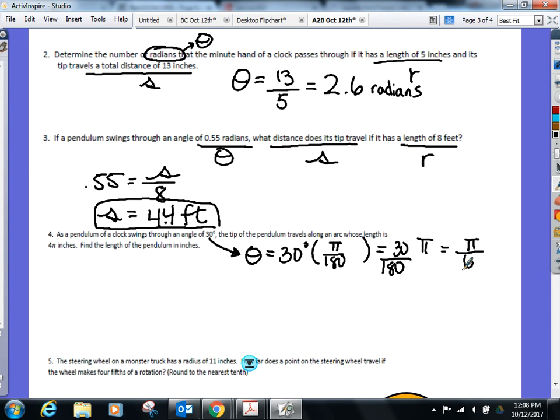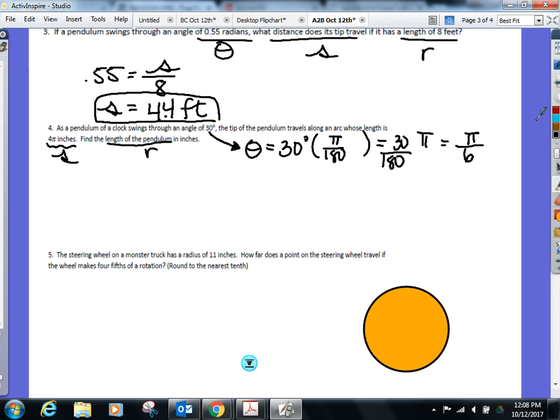Let's keep reading. The tip of the pendulum travels a length of 4 pi inches. So what's the 4 pi going to go in for? That's my S. Find the length of the pendulum, R. So ready? Theta is pi over 6 equals S, 4 pi, over R. You can cross multiply like Cooper suggested at the beginning.